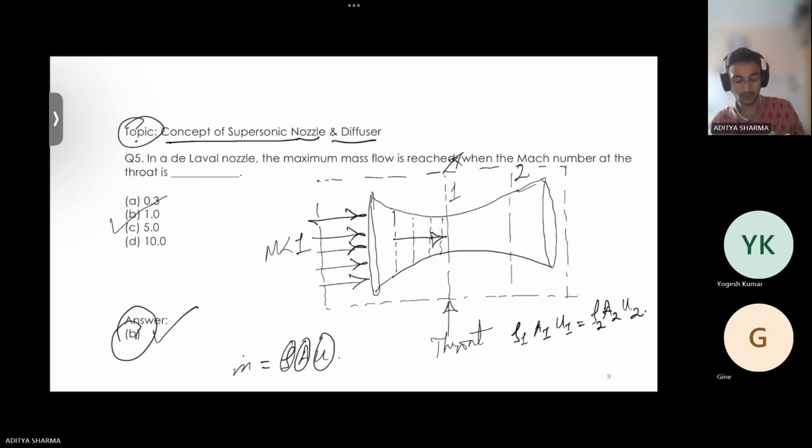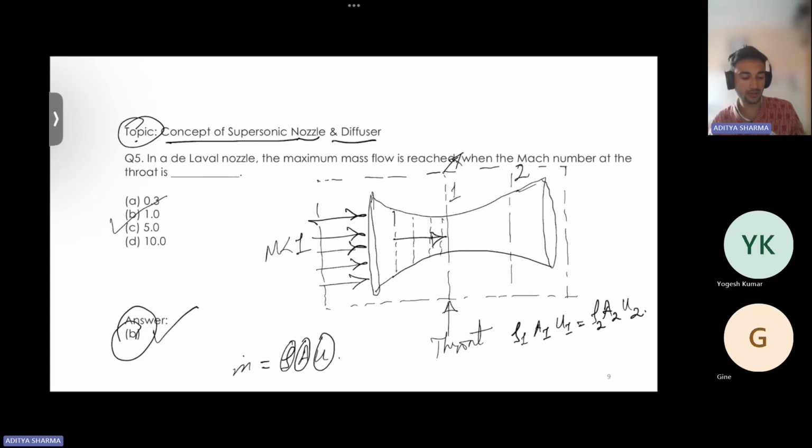Because if we come to this Mach number and velocity relation, for this supersonic flow, if you work this out, for a divergent section, the flow velocity increases with it, all right? So that's why we choose this divergent section.